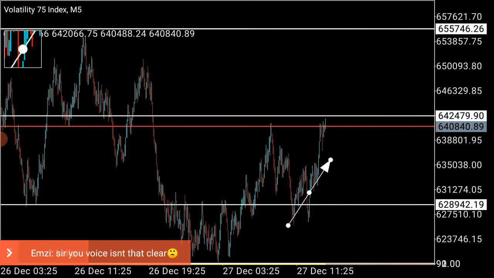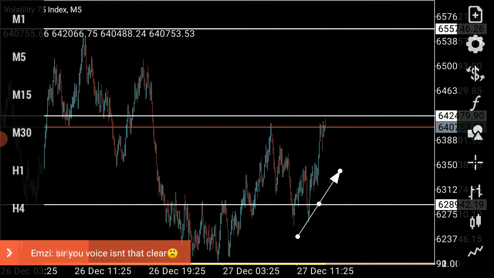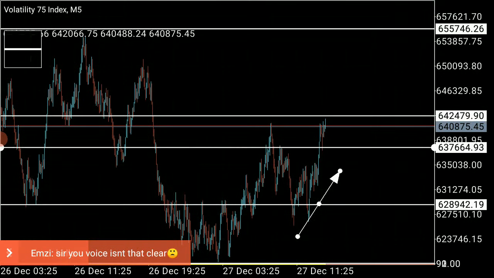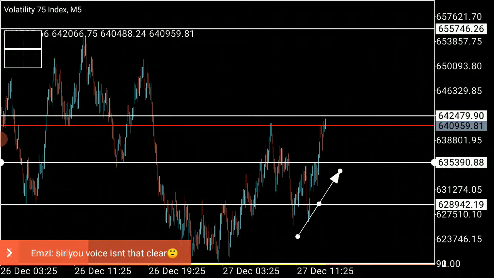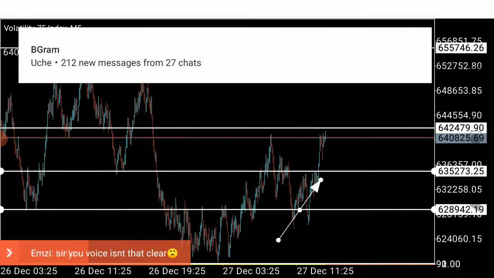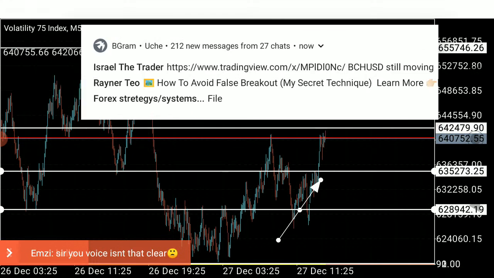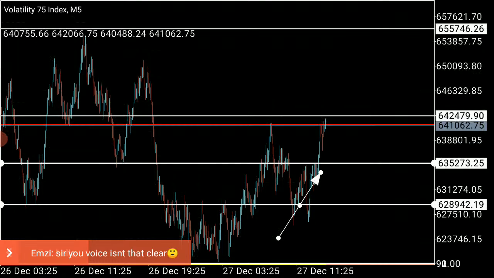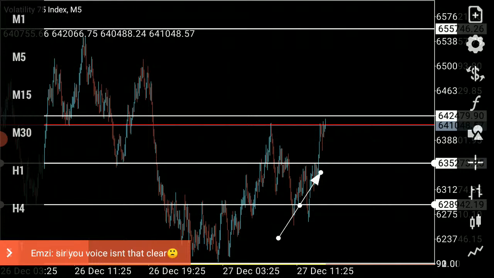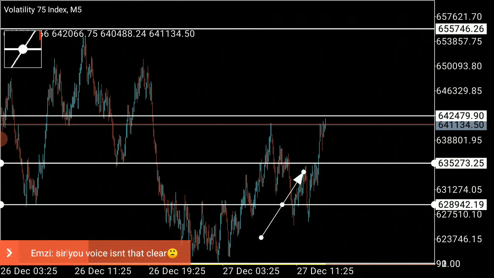Okay, we need to spot out another support and resistance level, which is here. Here now is a resistance to this trend.